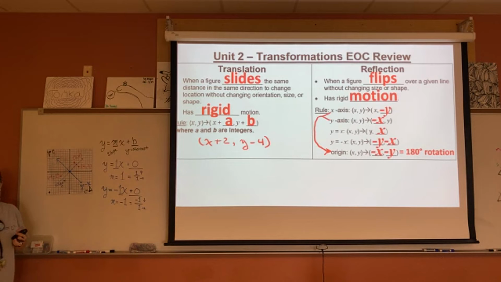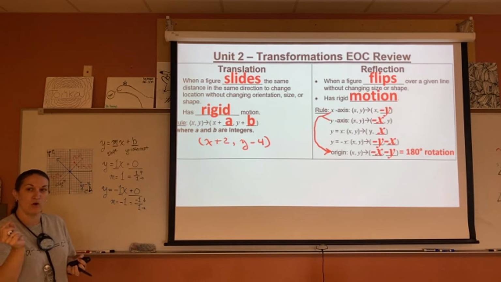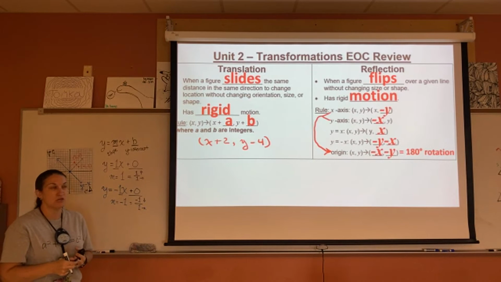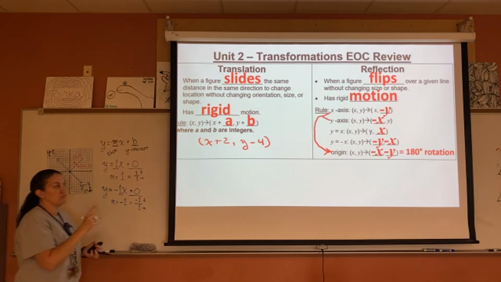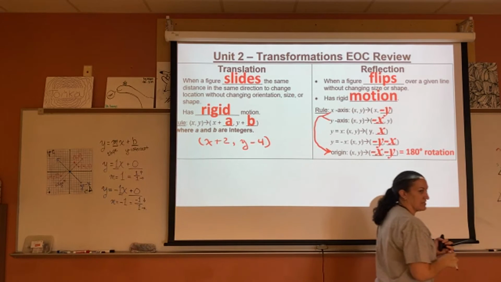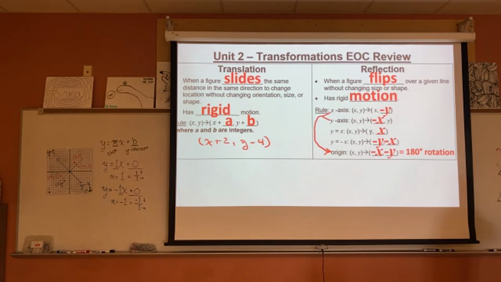Well, if you can identify that that mapping happened through an origin reflection, which I would have reflected here first, and then reflected here, that's an origin reflection, it maps, so I would select origin reflection, but that means it's also going to be a 180-degree rotation. So anytime one of those is your answer, the other one has to be also if they're both options. So it's important to know that the origin reflection and the 180 rotation are identical. They will both give you the same results, and they literally both have the same rule.